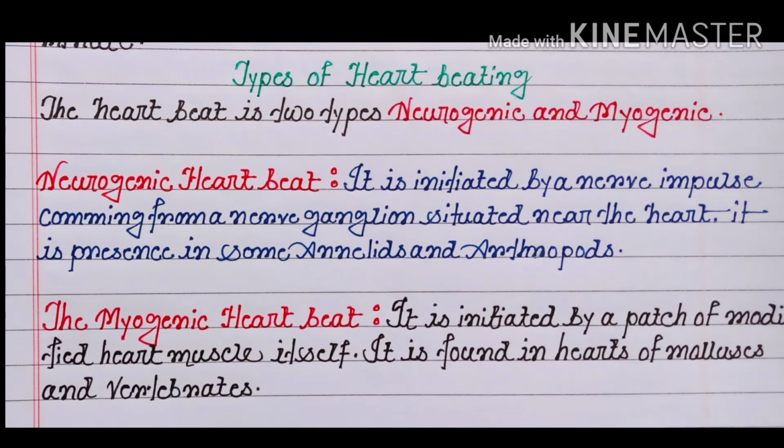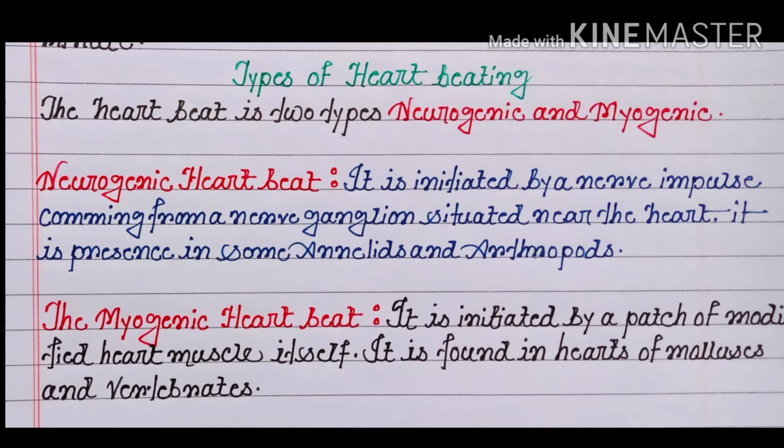Now let's talk about the types of heartbeat. The heartbeat is of two types. First, the neurogenic, and second, the myogenic heartbeat. In case of neurogenic heartbeat, it is initiated by a nerve impulse coming from a nerve ganglion situated near the heart.